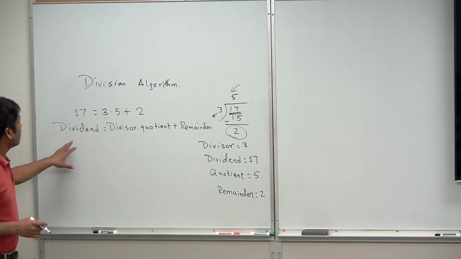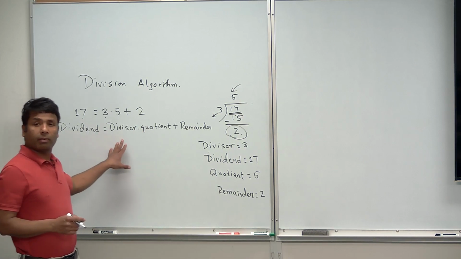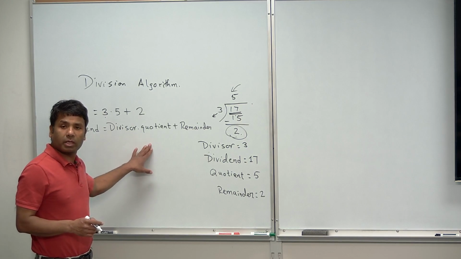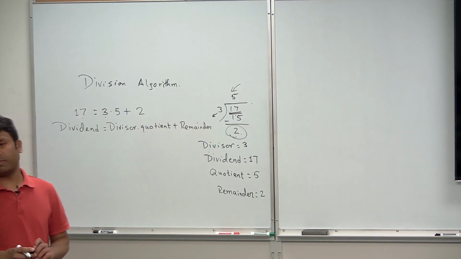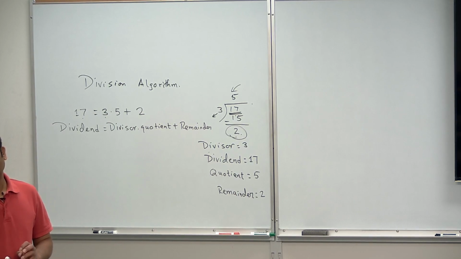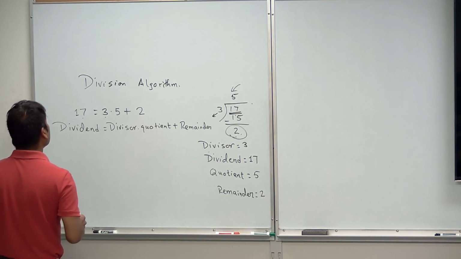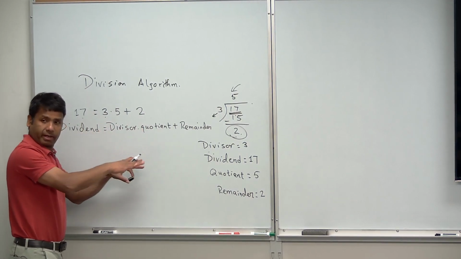So dividend equals divisor times quotient plus remainder. This is called the division algorithm. That is for arithmetic.